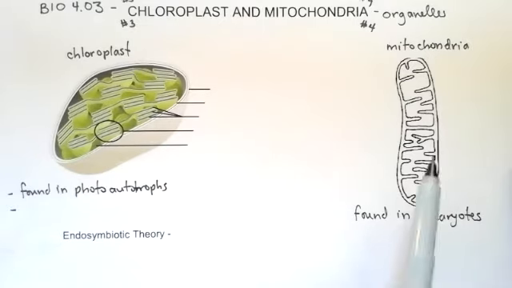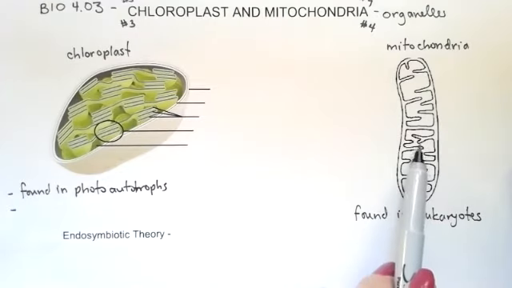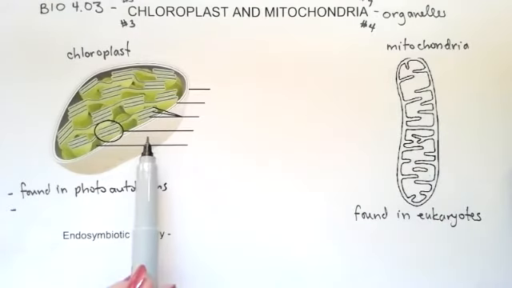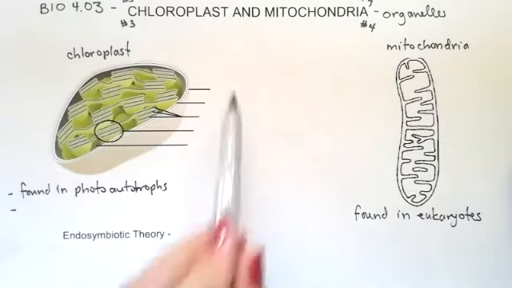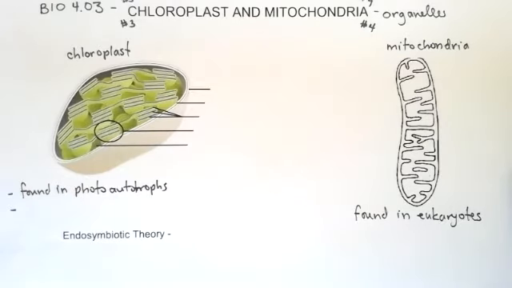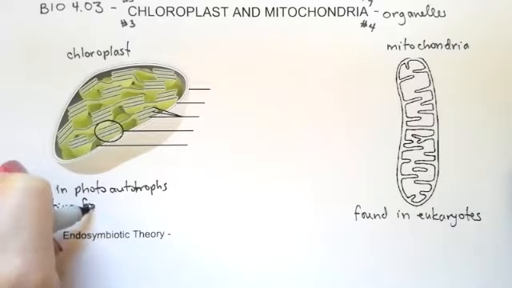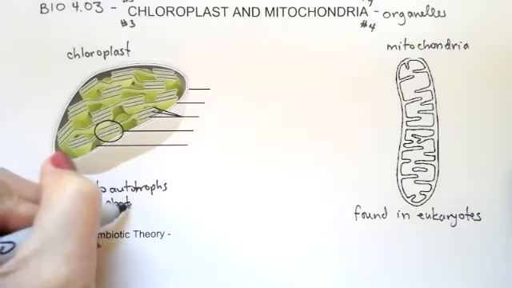What we're going to do is not worry so much about the structure of mitochondria, but we are going to learn about the structure of the chloroplast because we're going to talk about these different sections. Before we do that, let's write down, this is the location for photosynthesis.